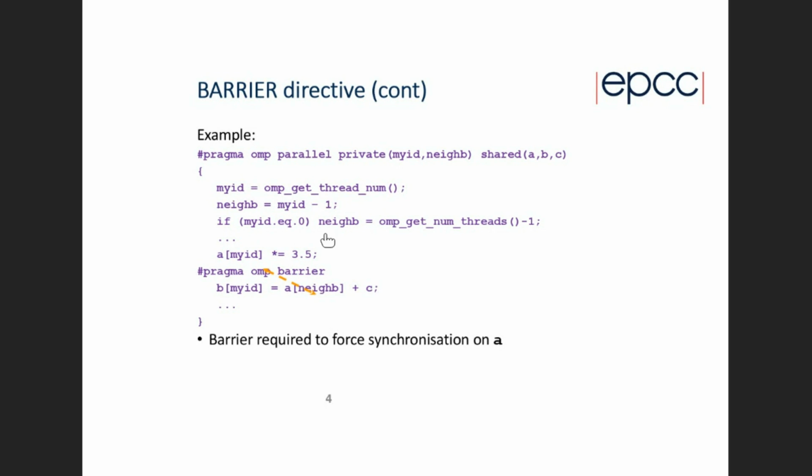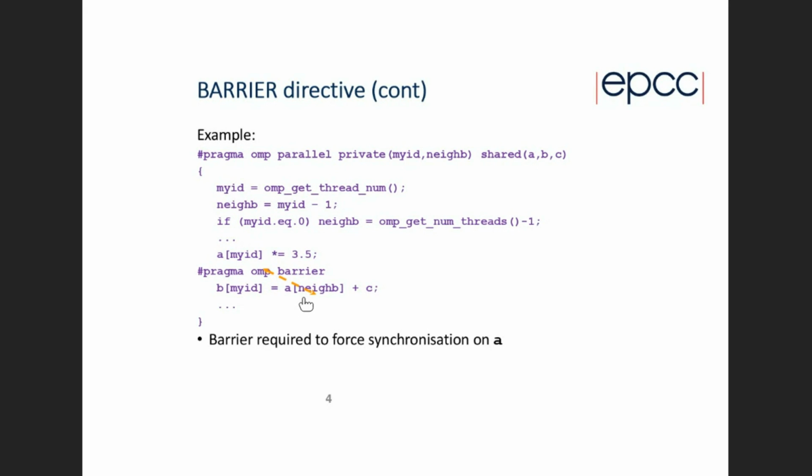And then I do some computation, and as part of that computation, I use my thread ID to index into this shared array A here and write some value into it. And then at some point later, I want to be able to read the value that my neighboring thread wrote.